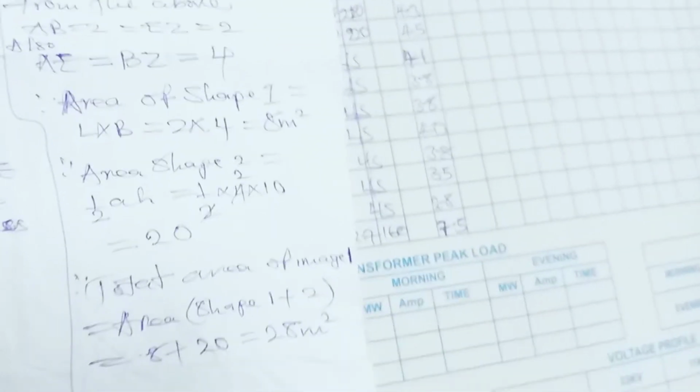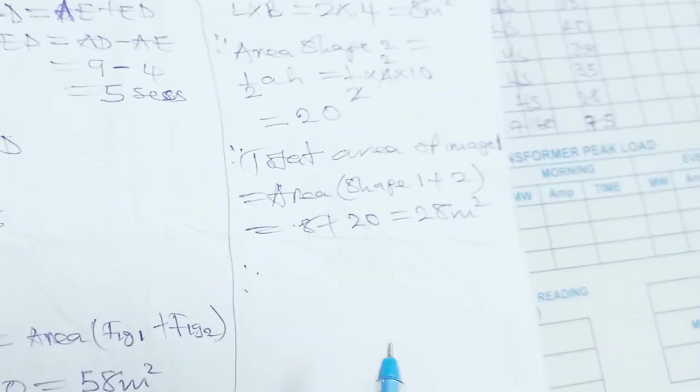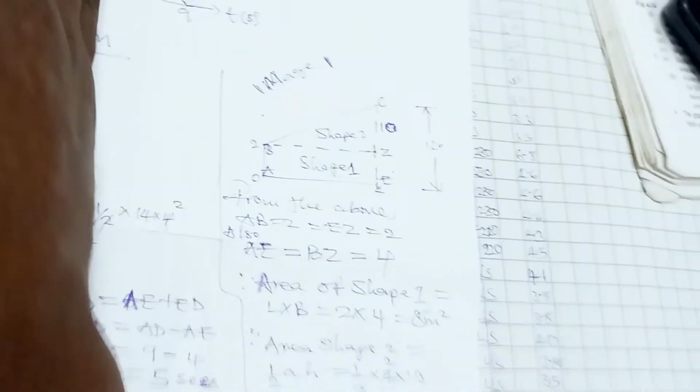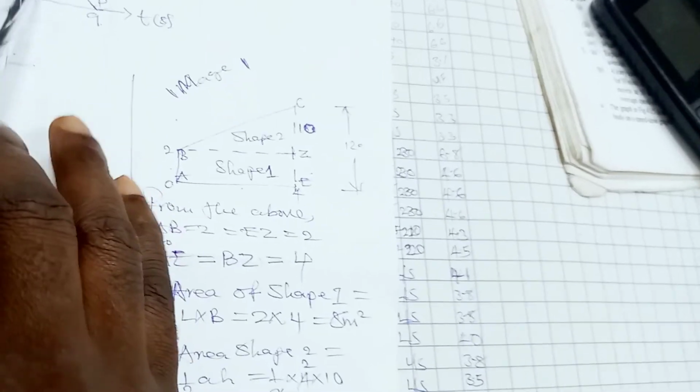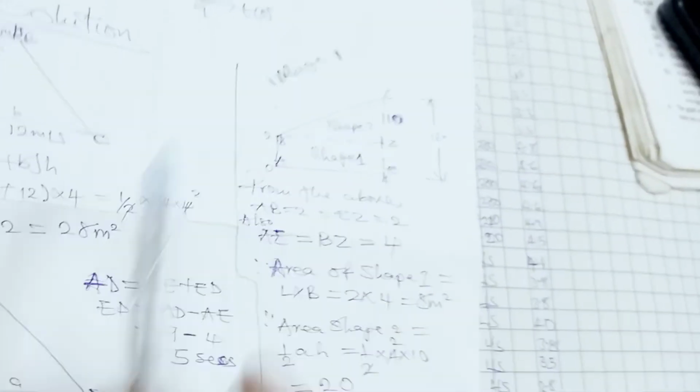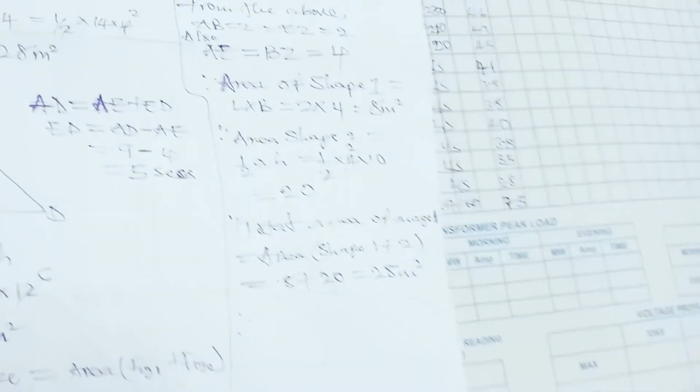Remember, what you just do here is just to add. You've calculated for this, then you already calculated for this side here to be 30. Remember, you calculated this side to be 30.